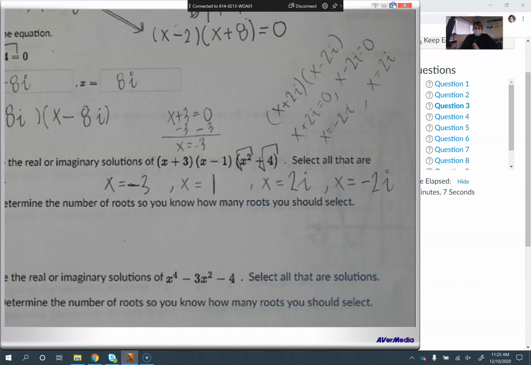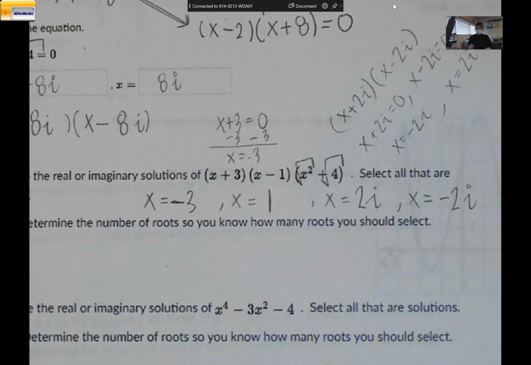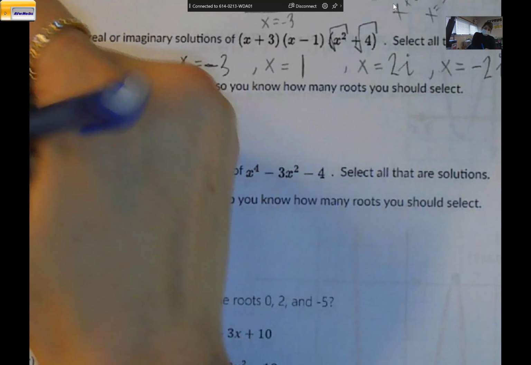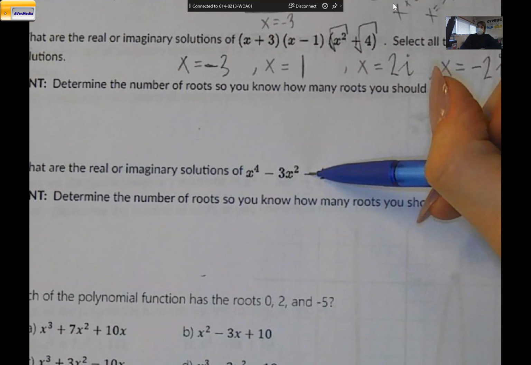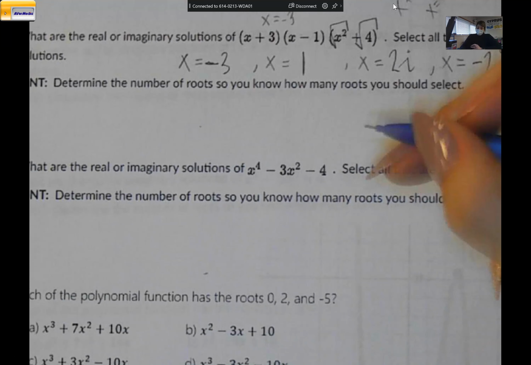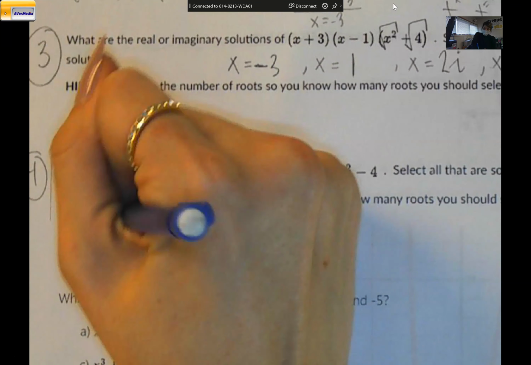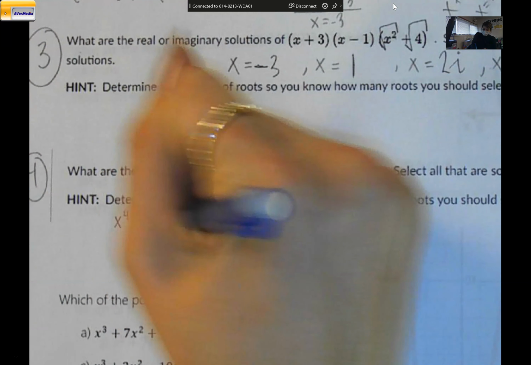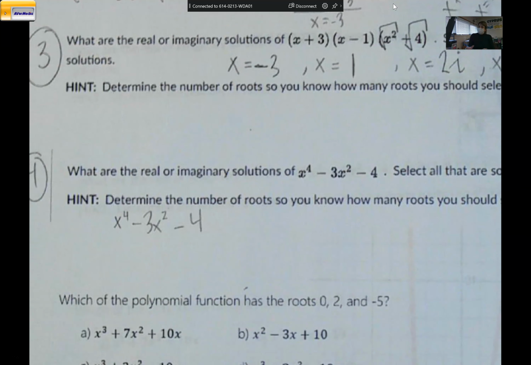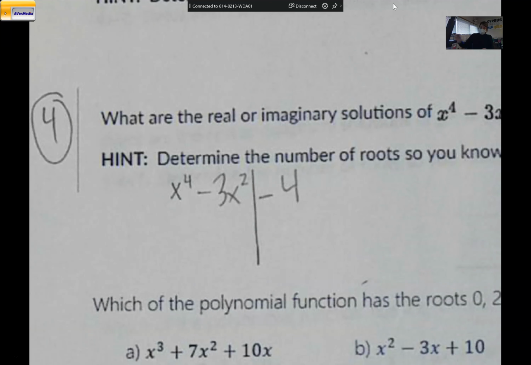Okay, this next guy's a little bit longer because notice he's an x to the 4th and he's not factored. We solve him or factor him the way that we're used to though. So if we rewrite him down here just so that I have enough room to show work, I solve this by listing all of the factors of 4.